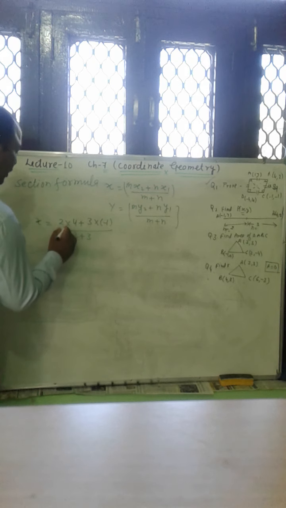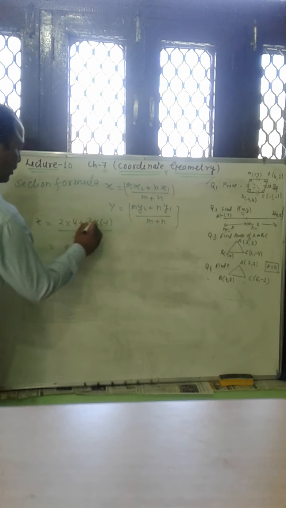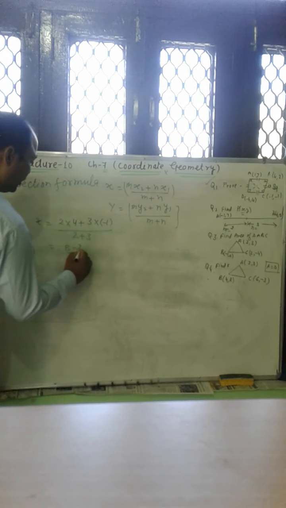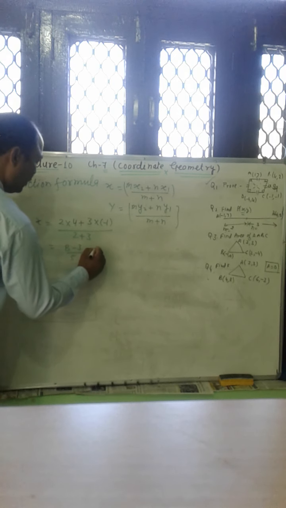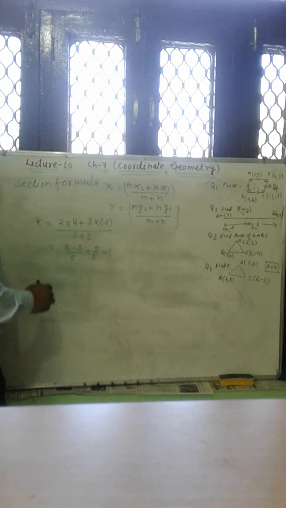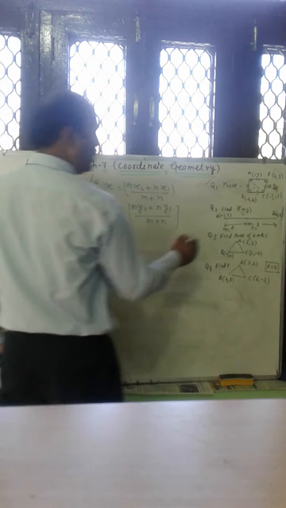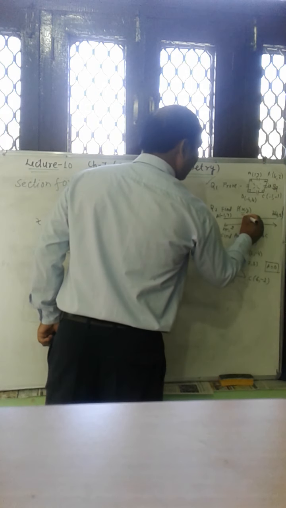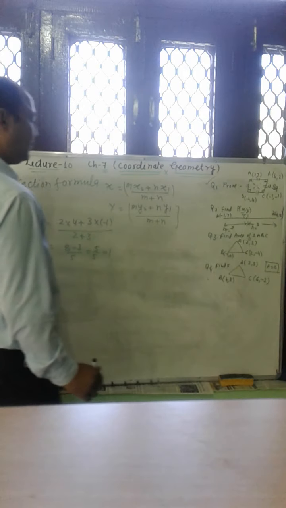This is equal to 8 minus 3 upon 5, which is 5 upon 5, that is 1. It means the value of x is 1.